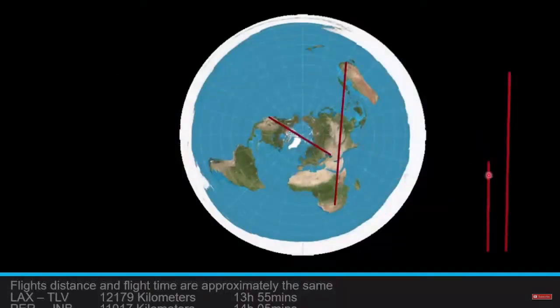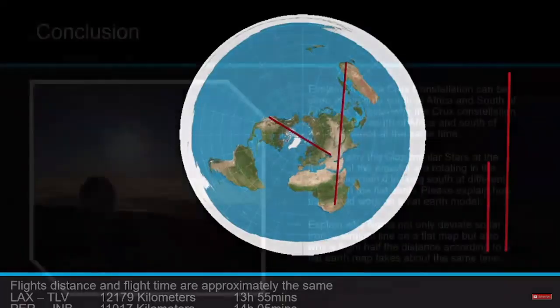This is twice, or probably more than twice, the distance traveled from Sydney to Johannesburg and LAX to Israel. And the flat earthers will have to explain how the planes can suddenly double their speed over the speed of sound to get from one place to another. That'll be interesting to find out.